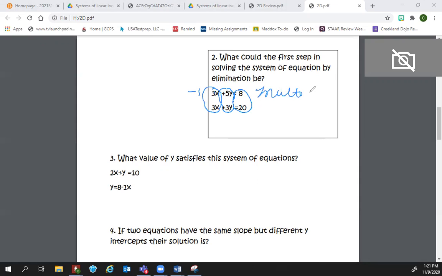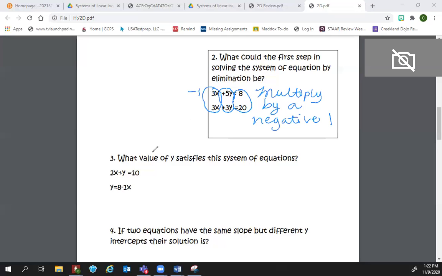So multiply by what? A negative 1. What if it was already negative? If it was already negative, we could go ahead and eliminate it. But what if they were both negative? Then you would have to multiply it by a negative to make it positive. Good job.